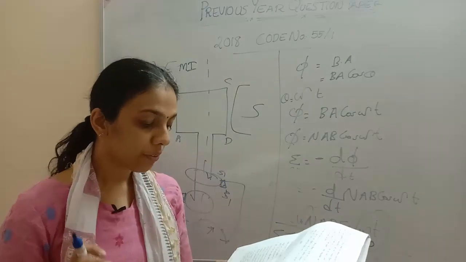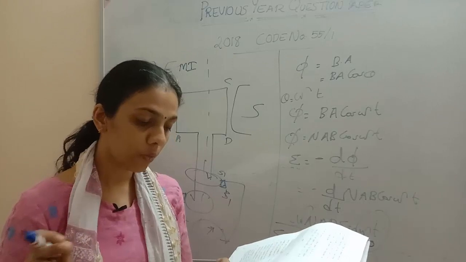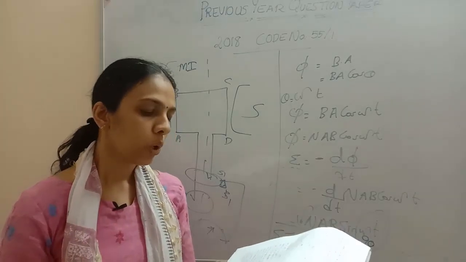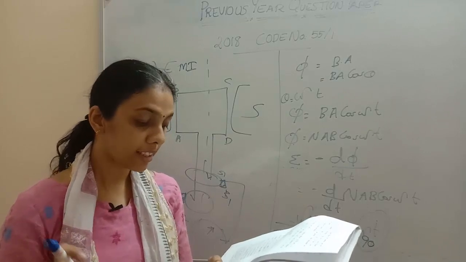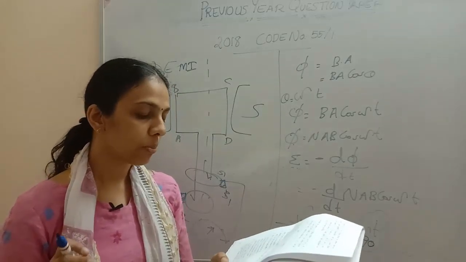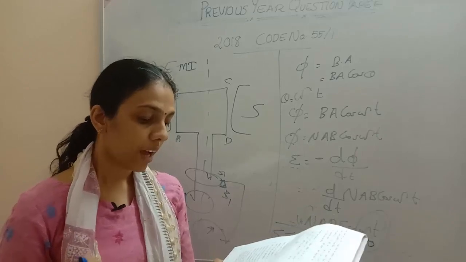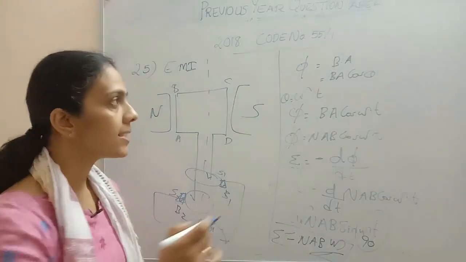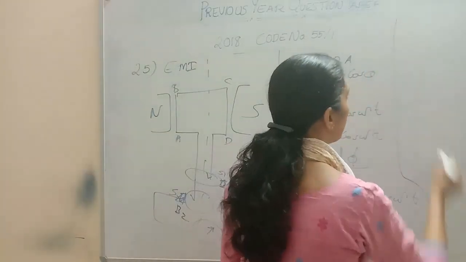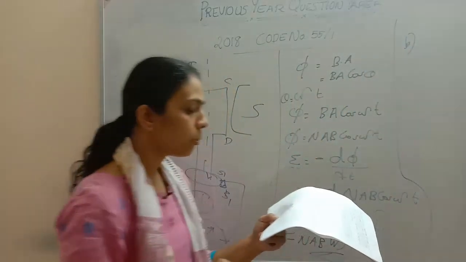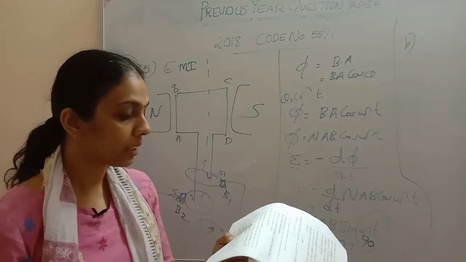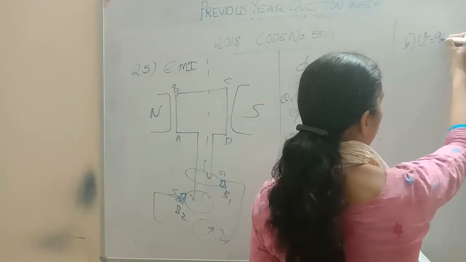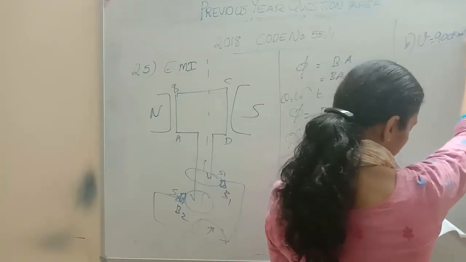Calculate the potential difference between the ends of its wings having a span of 20 meters. The horizontal component of Earth's magnetic field is 5 into 10 to the power minus 4 Tesla, and the angle of dip is 30 degrees. So that is the second part of this question, the B part. The aeroplane is flying horizontally with a velocity of 900 km per hour.